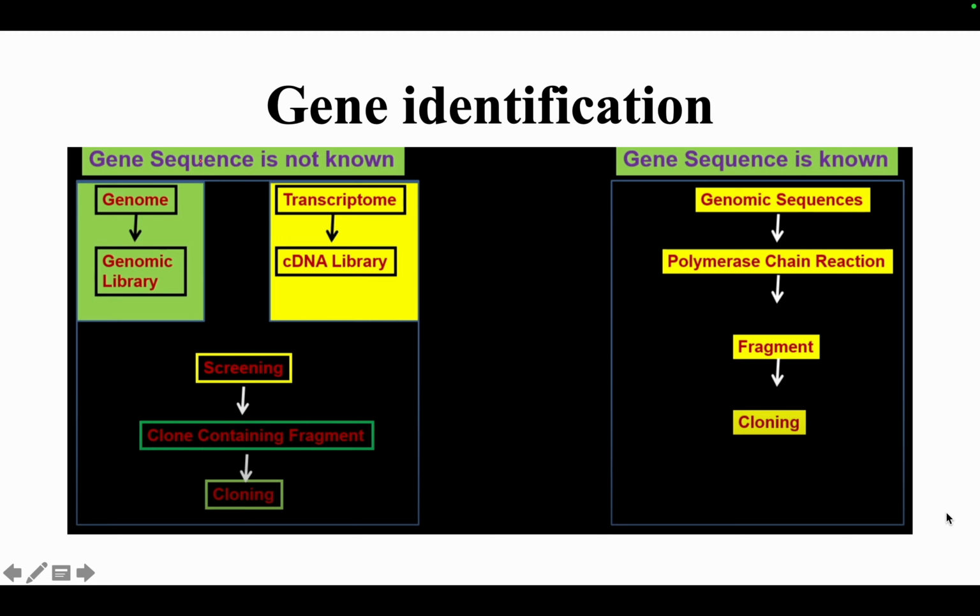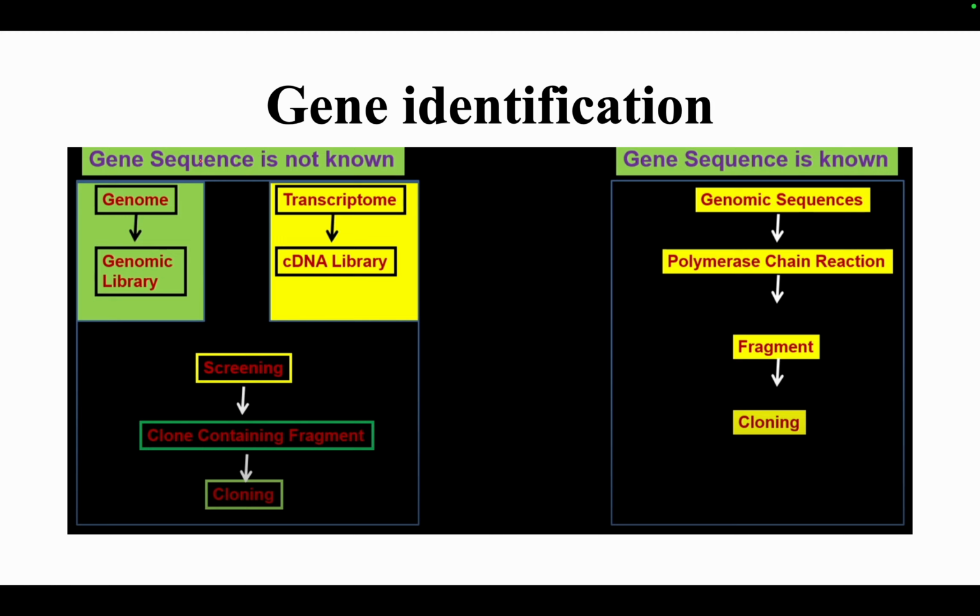So we studied that if the gene sequence is not known, we can make a genomic library or we can make a cDNA library, and from that we'll get our cloning fragment, and after that we have to do cloning. When the gene sequence is known, in order to get multiple fragments, we just have to do polymerase chain reaction.